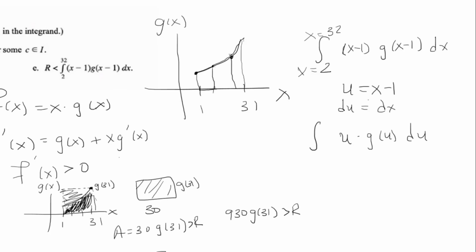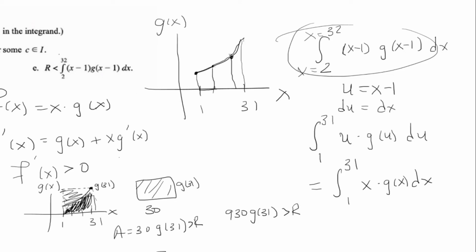So if I plug it into this substitution, when x is 2, u is 2 minus 1, which is 1. When x is 32, u is 32 minus 1, and that's 31. Notice this is exactly the same thing as the integral from 1 to 31 of x times g of x. So these should be equal. E says they're not. It says that this integral is greater, which is false. So E is our answer.